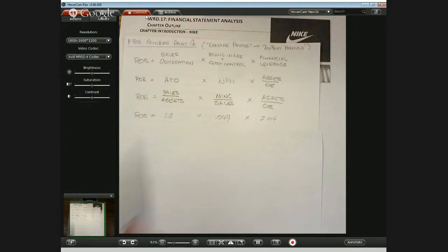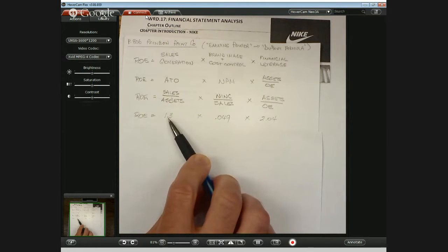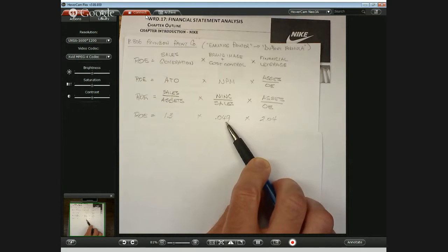But for the Rainbow Paint Company, we found that the asset turnover is 1.3. In other words, for every dollar of assets, the company can make sales of $1.30. For each dollar of sales the company makes, it will generate income of 4.9 cents.